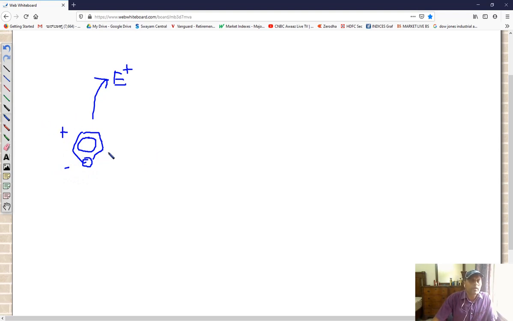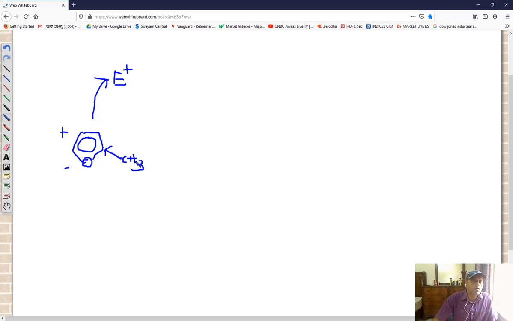Keeping that apart, it can react faster in the presence of an electron donating group, such as a methyl group. If it is attached to the methyl group, then it is going to undergo electrophilic substitution reaction faster.